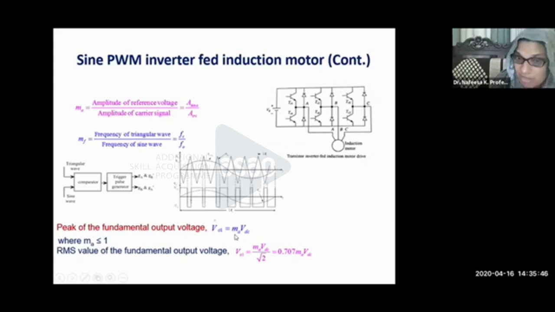That means by varying the amplitude modulation index, you are able to vary the voltage. And what about frequency? Frequency can be varied by varying MF, the frequency modulation index, which is the frequency of the triangular wave by the frequency of the sine wave. That means by changing the frequency of this carrier wave, you are able to control the frequency.